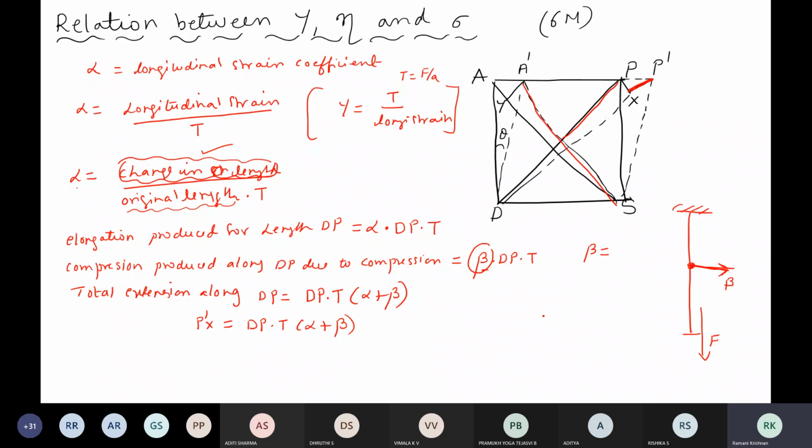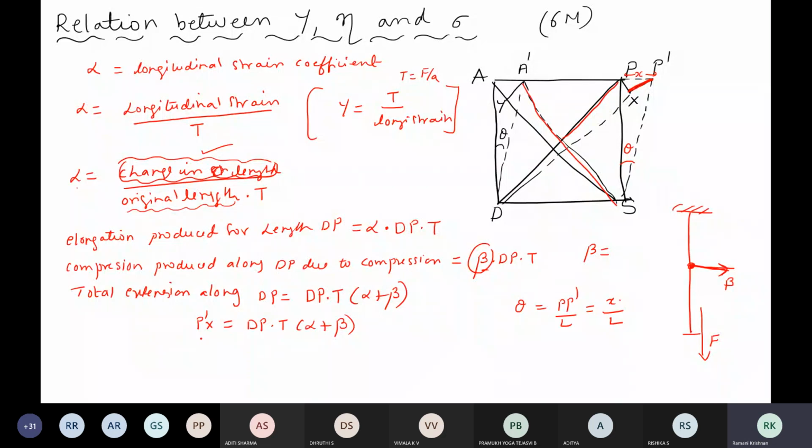Now we know that theta is equal to pp dash by l, the same thing we used in the previous topic. This pp dash is x, the extension produced, so I can write this as x by l. Now let us substitute.